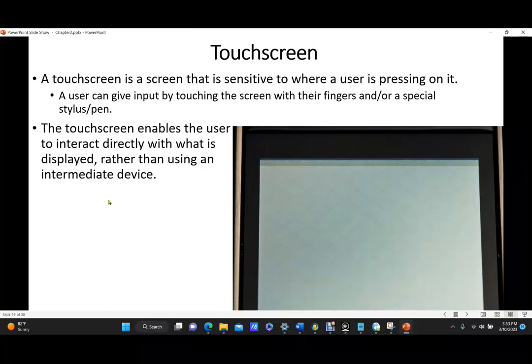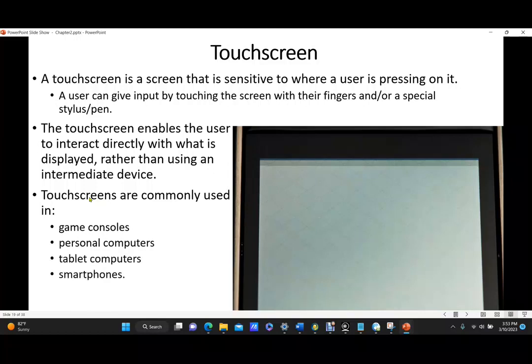The touchscreen enables the user to interact directly with what's being displayed rather than using some kind of intermediate device. Touchscreens are commonly used in game consoles, personal computers, tablet computers, and smartphones.